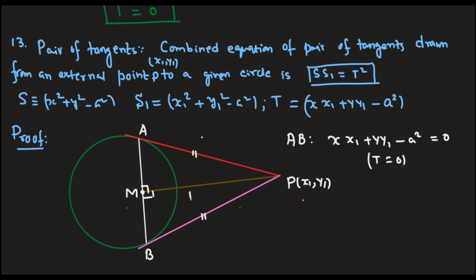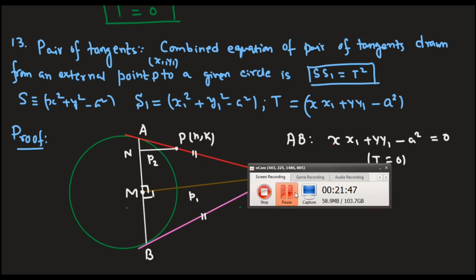This perpendicular I call P1. Now I am taking another arbitrary point here, whose coordinate is h comma k, and through it I draw one more perpendicular. I give it the name N, and this is my P2 perpendicular.